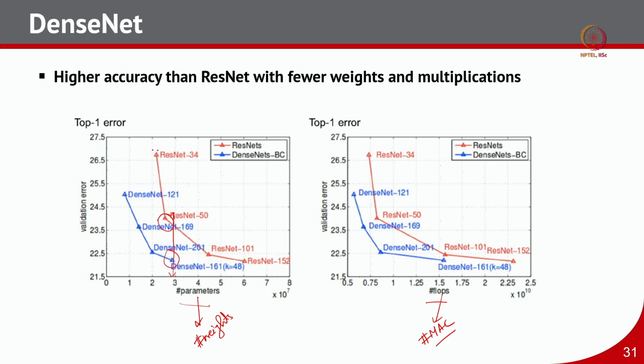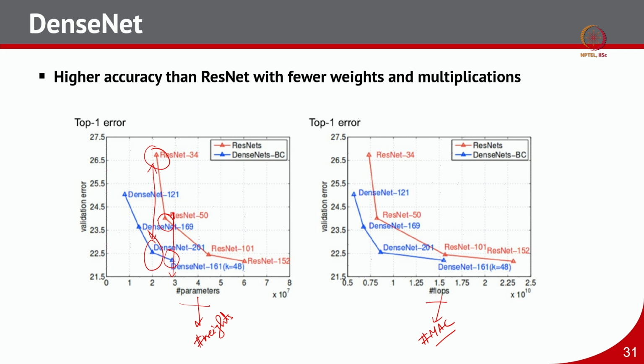At around 2 into 10 to the power 7 parameters also, you can see that ResNet 34 has higher error than DenseNet 201, right. So that means DenseNet is more efficient in terms of accuracy as well as number of parameters, because at the same number of parameters DenseNet is providing better accuracy than ResNet just by introducing dense connections.